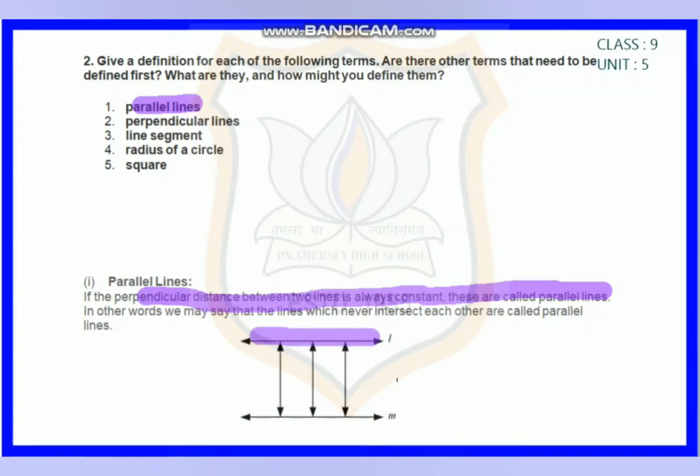Here one line is L and another line is M. These two lines do not intersect at any point and the distance between them is the same. From any point we can measure, the distance between them is always constant. The lines which do not intersect and the distance between them is the same are called parallel lines.